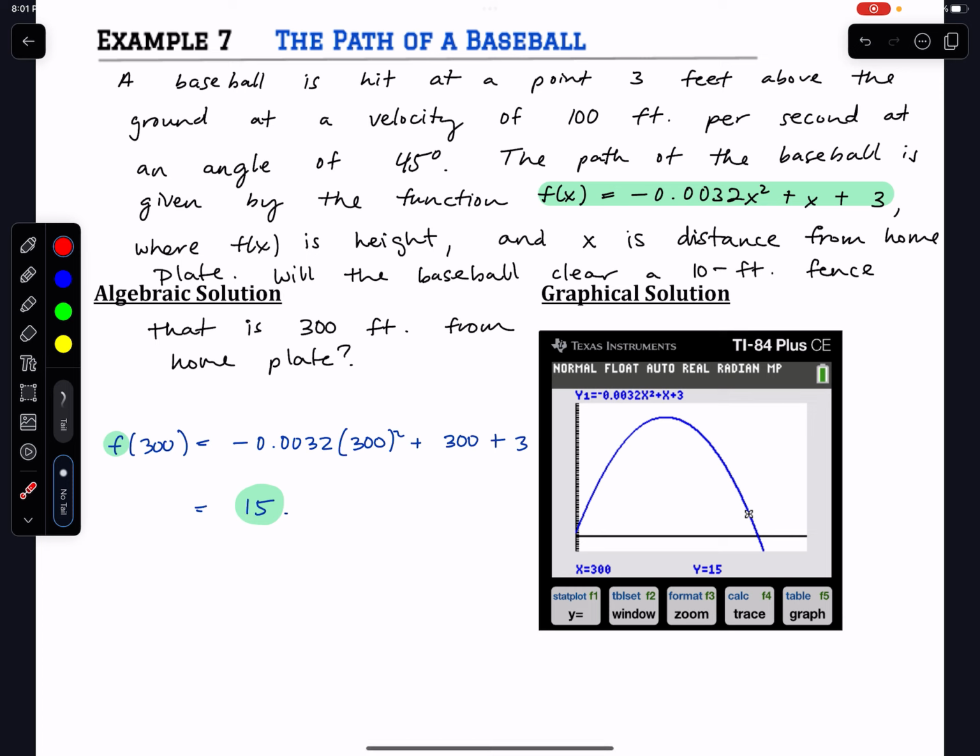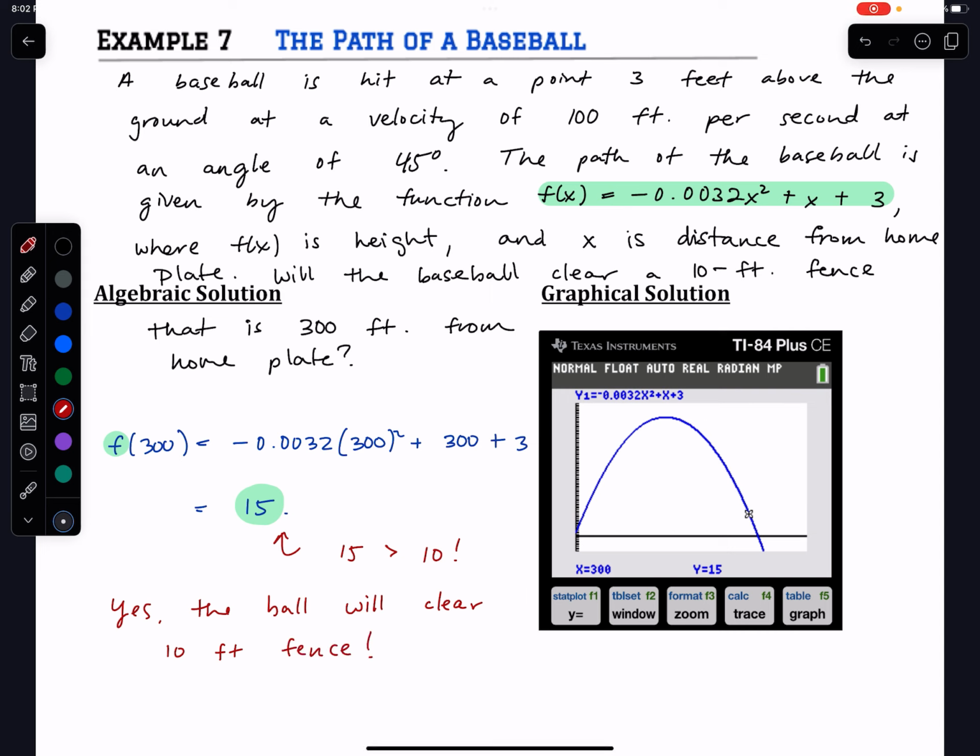That means the kid hit a home run. Because this is greater than 10, yes, the ball will clear a 10-foot fence.